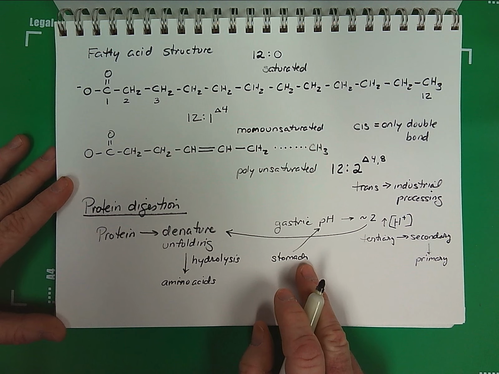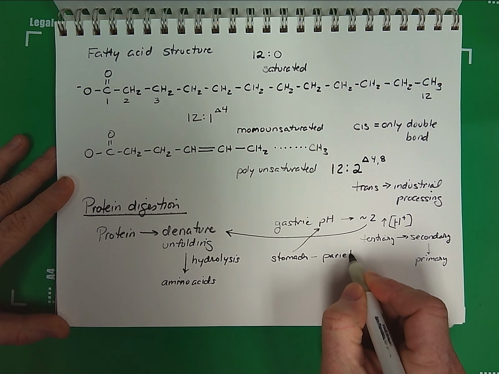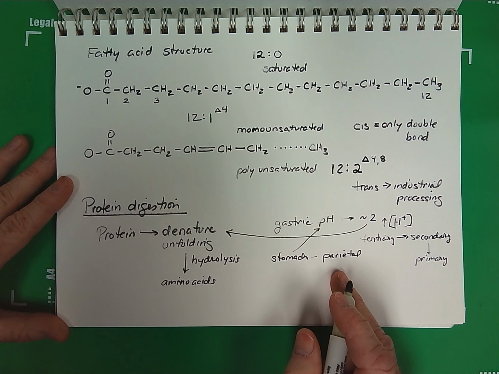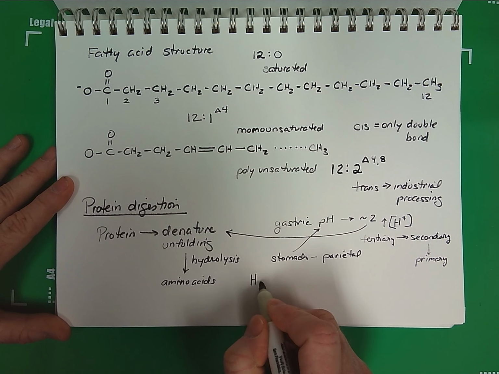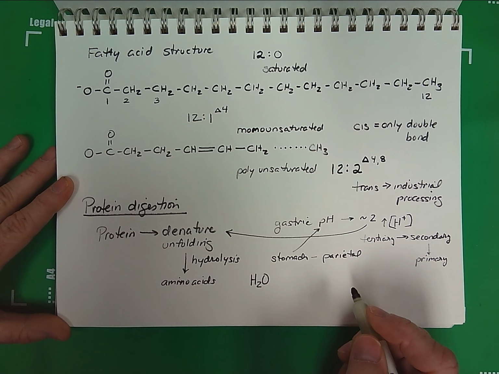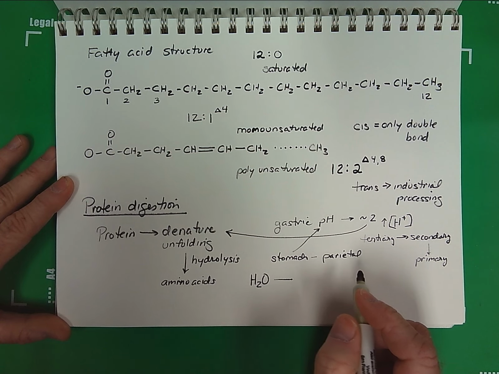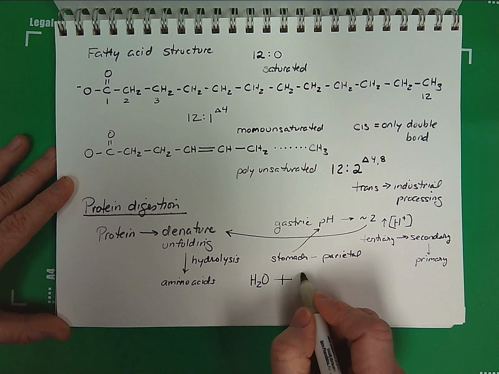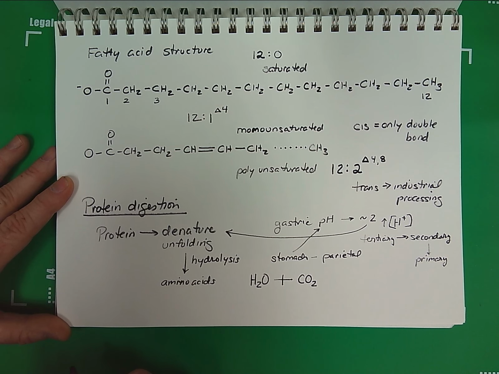The stomach has specialized cells that are called parietal cells. And these cells are able to simply perform a reaction that takes water and adds to the water carbon dioxide.